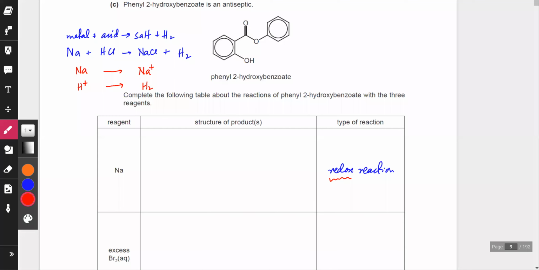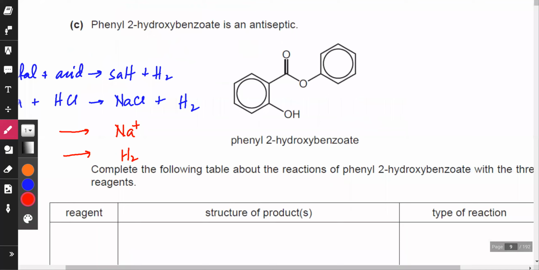So what will happen is, this is OH, this is position number 1. So bromine will get added over here at position number 2. It would also get added to position number 4 and 6.